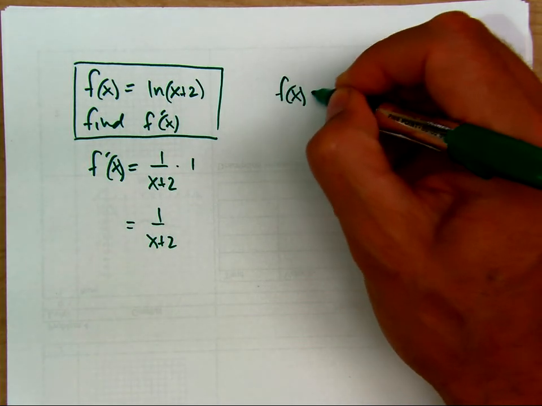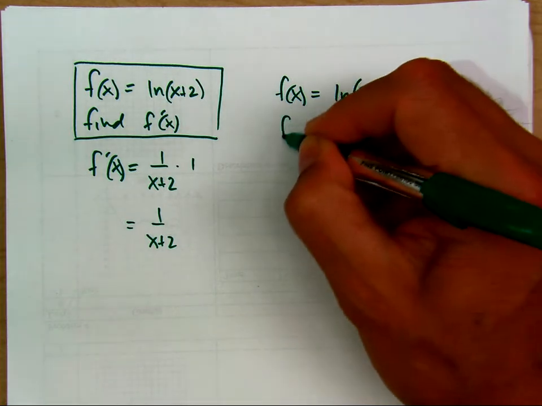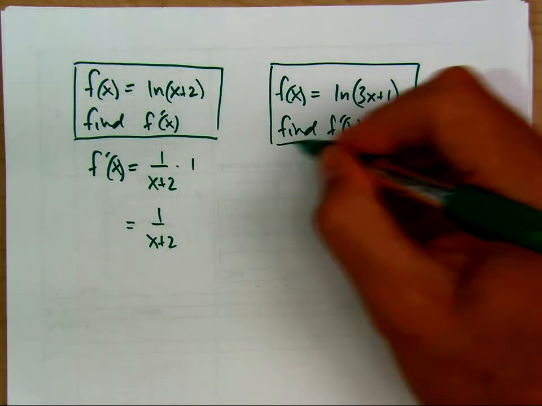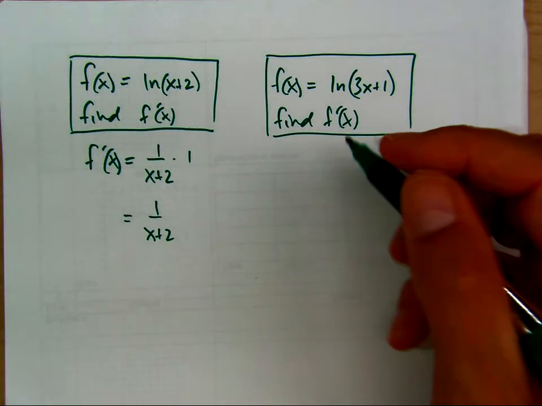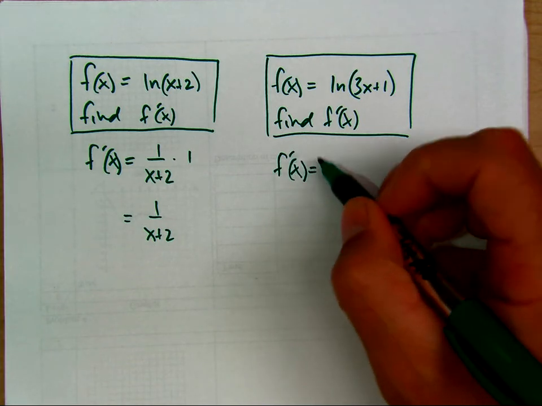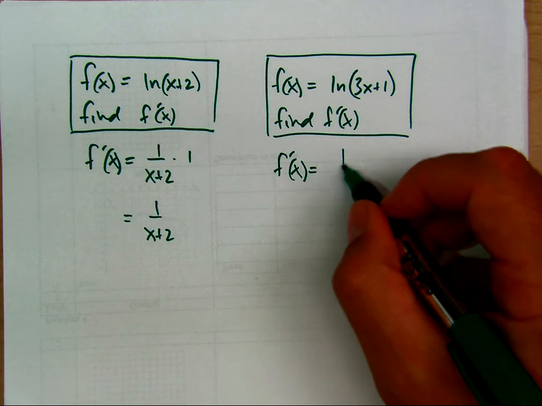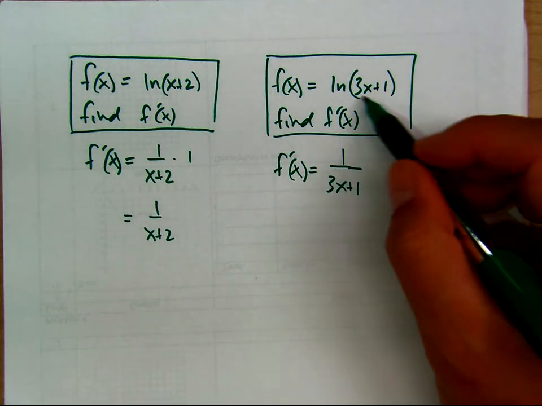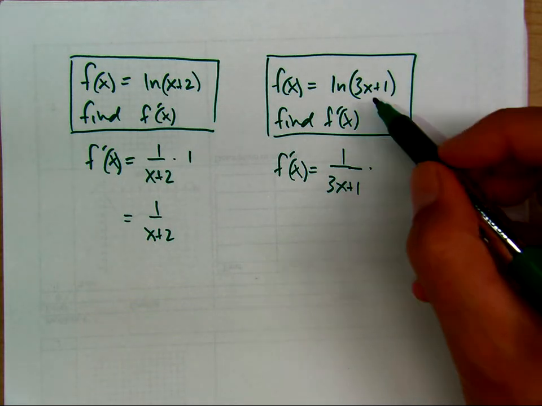Let's look at another one. Pause the video and try that one. So the derivative of natural log is the reciprocal of the argument, 1/(3x + 1), and we could also call that the derivative of the outside times the derivative of the inside.